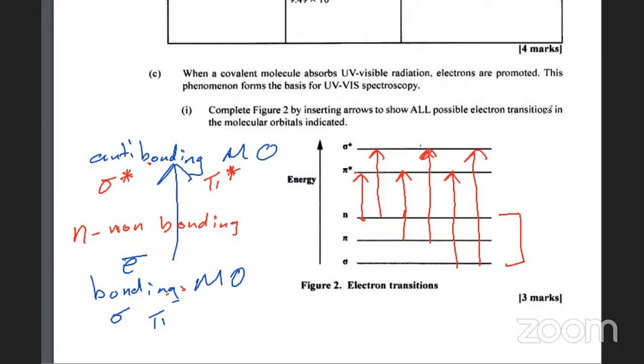These are all the possible ones, but not all of them are applicable to UV-Vis spectroscopy. So not all the possible transitions are applicable.